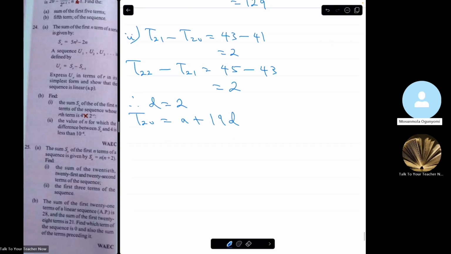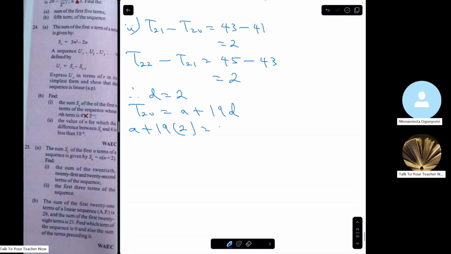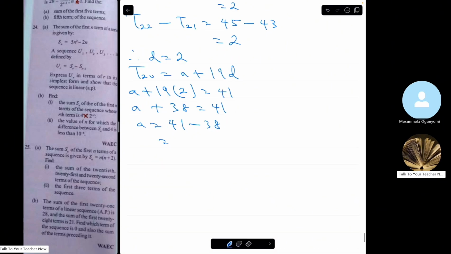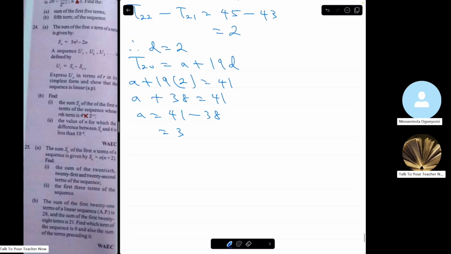That means A plus 19 times D, which is 2, is T20. What's T20? T20 is 41. So A plus 38 equals 41, and A equals 41 minus 38, which is 3.